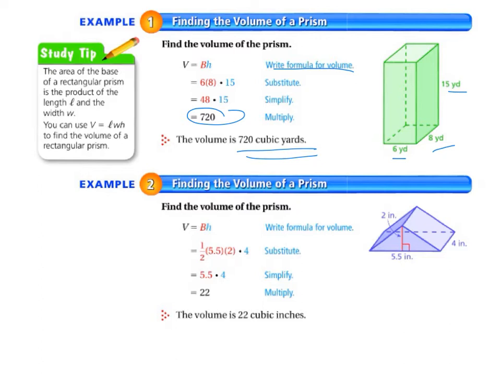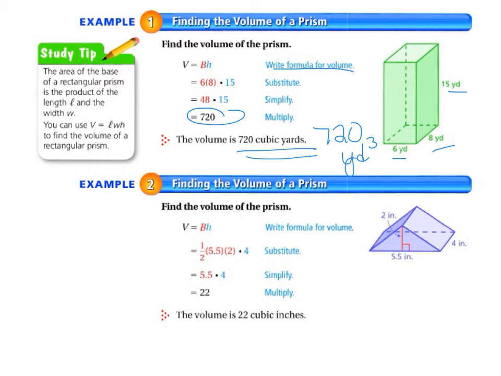So remember that with volume, there are 3 dimensions, so it's cubic. Everything is measured in cubes. So another way to write that is 720 yards with a 3 up top, so it's called a superscript 3. So that's because there's 3 dimensions.